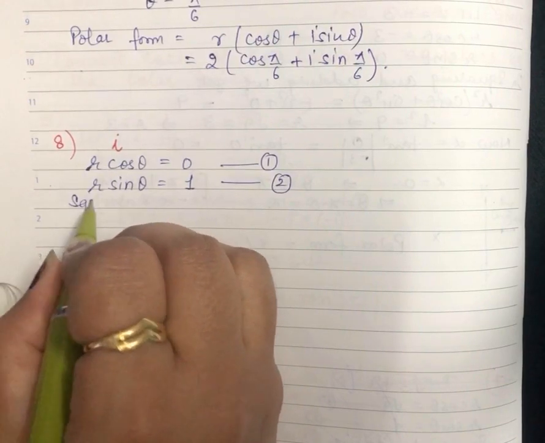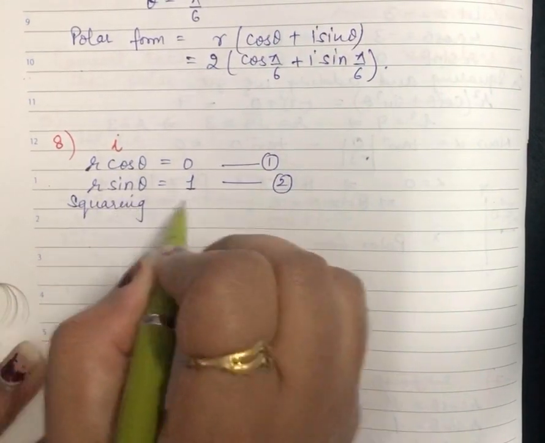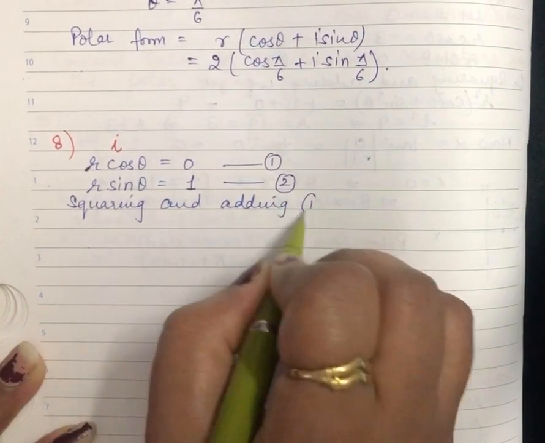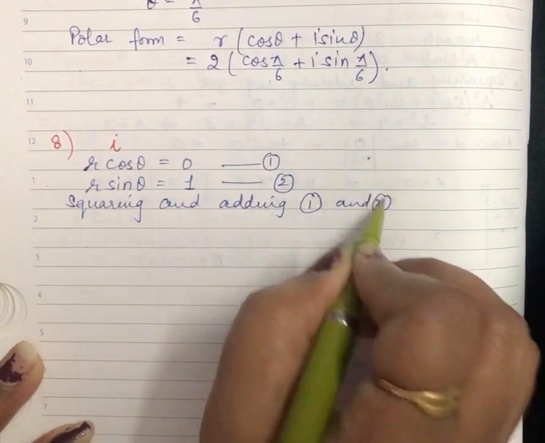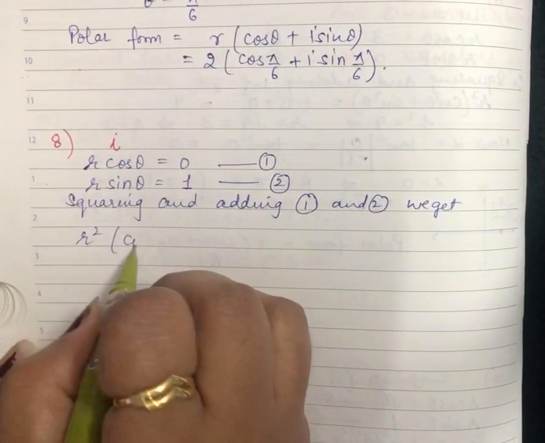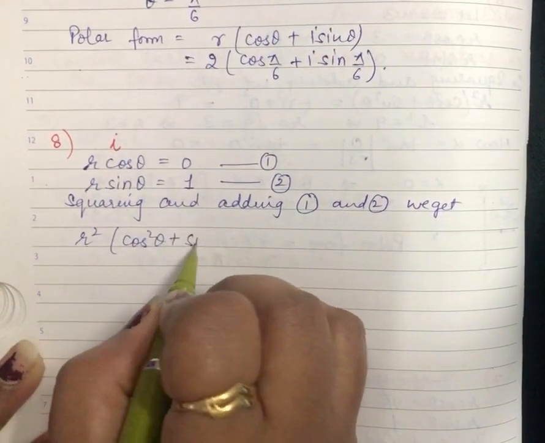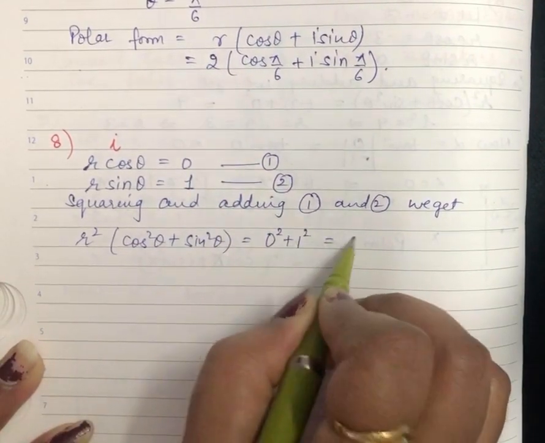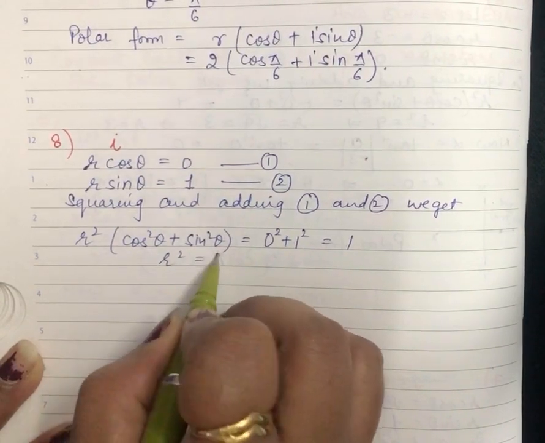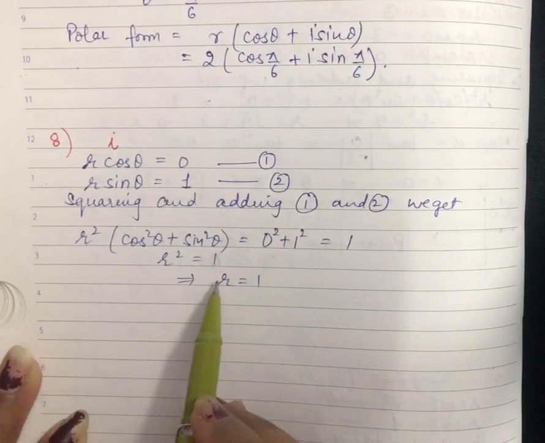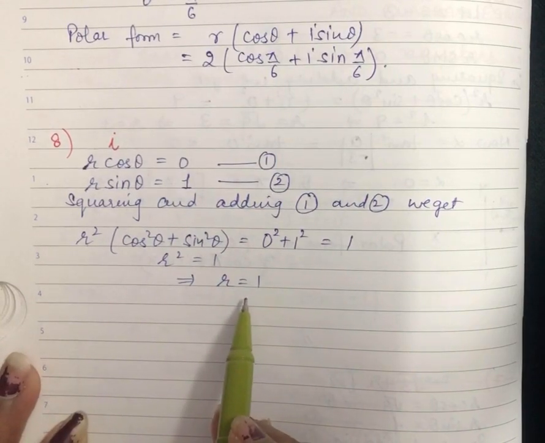So now squaring and adding first and second, we get r square bracket cos square plus sin square theta equal to 0 square plus 1 square, that is 1. So r square is equal to 1. This implies r is equal to 1. We will take the positive sign.